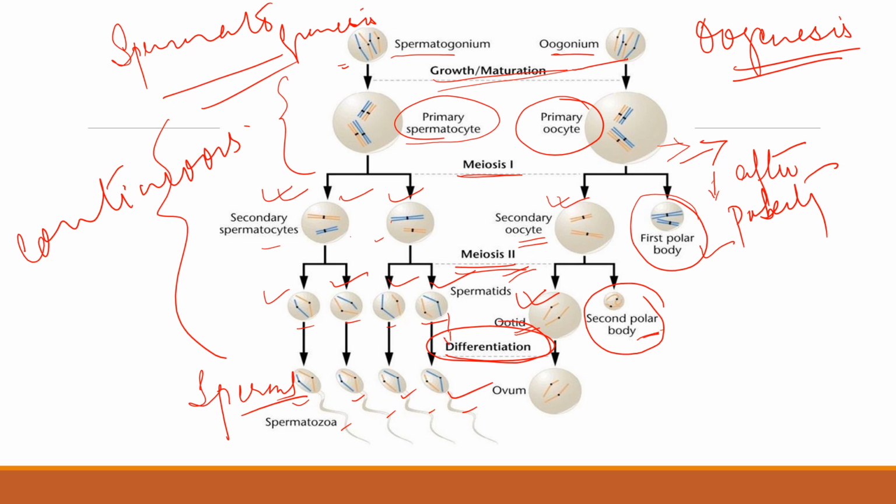But in oogenesis, from the ootid only 1 ovum is formed. This is the clear difference between spermatogenesis and oogenesis.